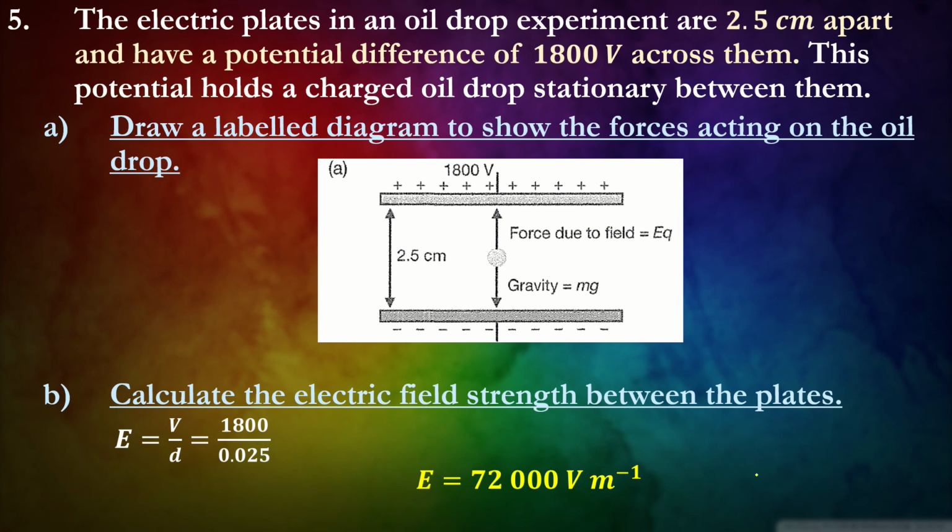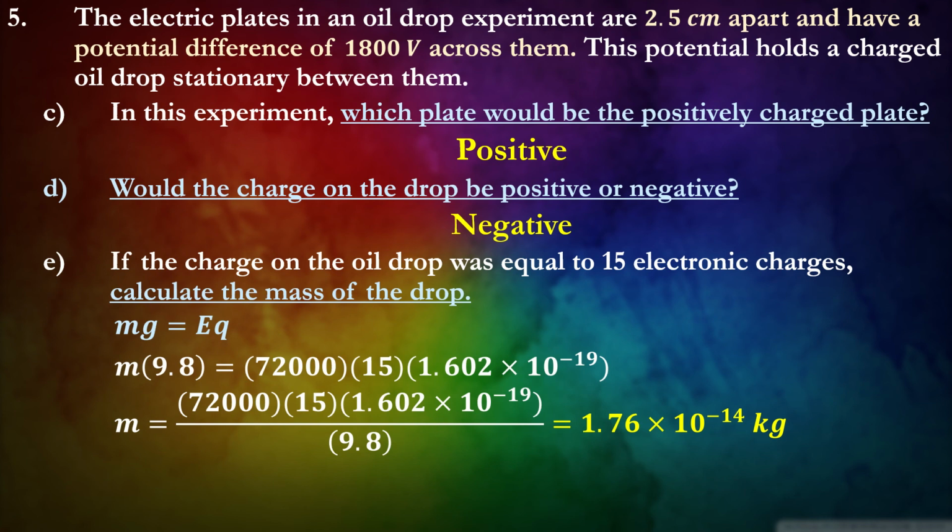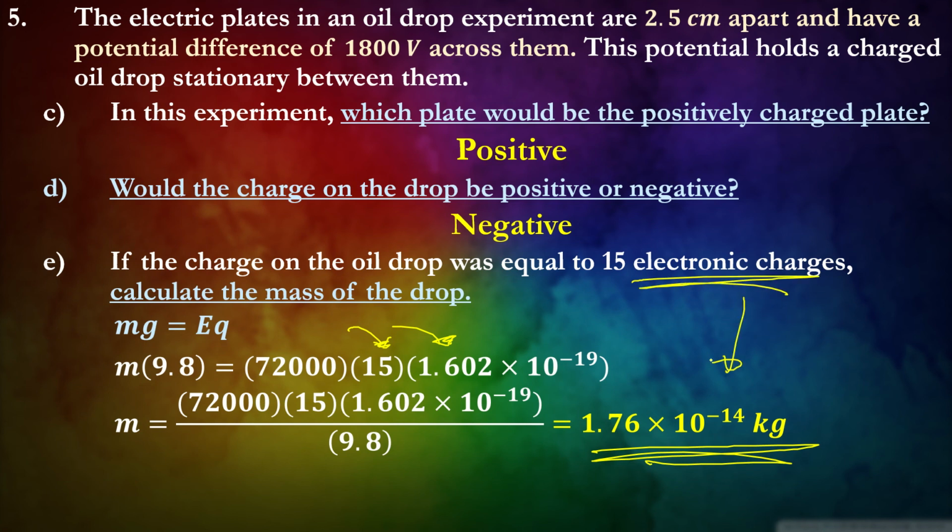Consistent with what we said just then, positive, negative, and as you can see, 15 times the charge of the electron, rearranged to give us a mass. So that's the approximate mass if we have 15 electronic charges, or 15 electrons basically.